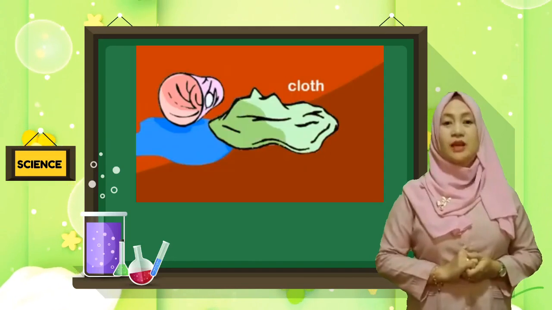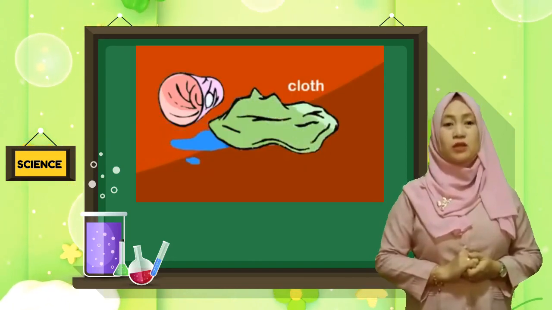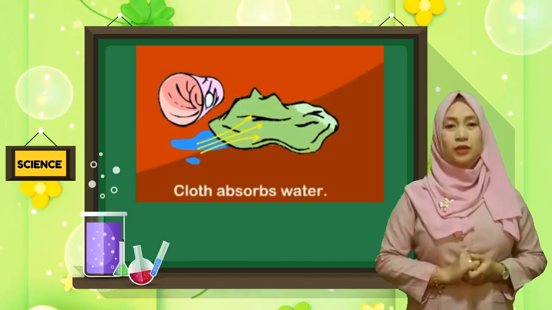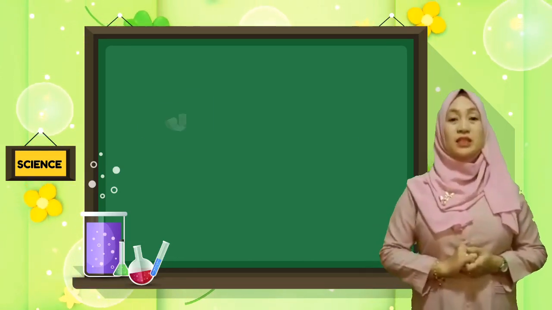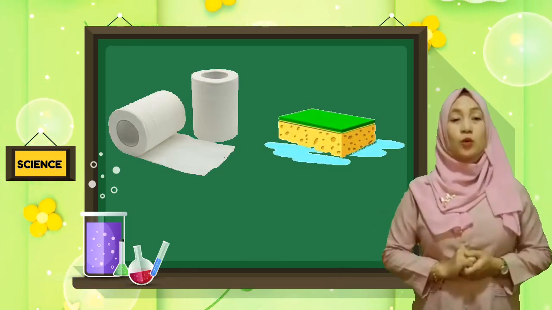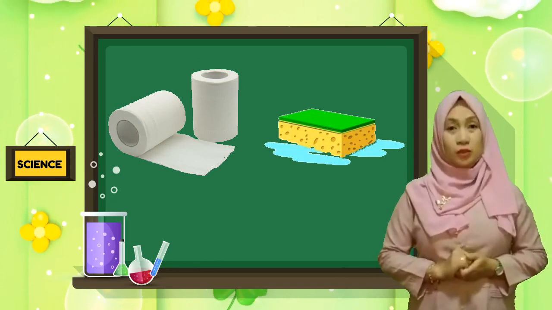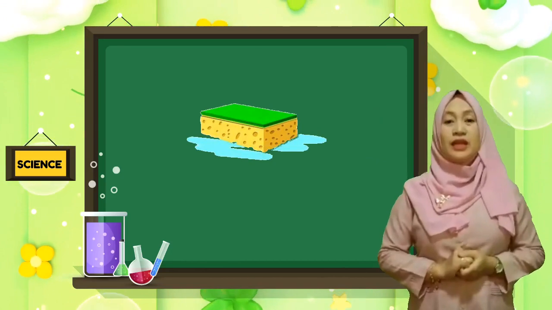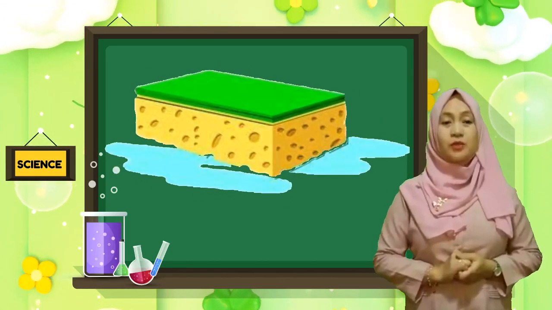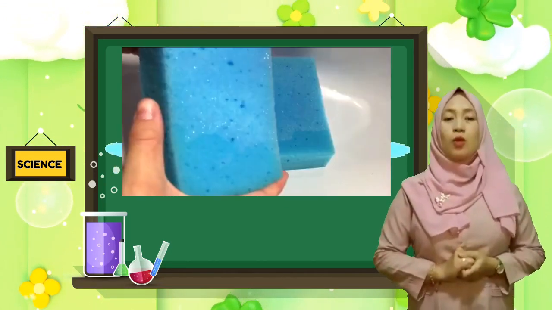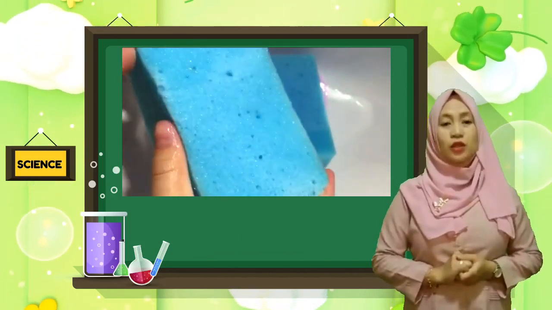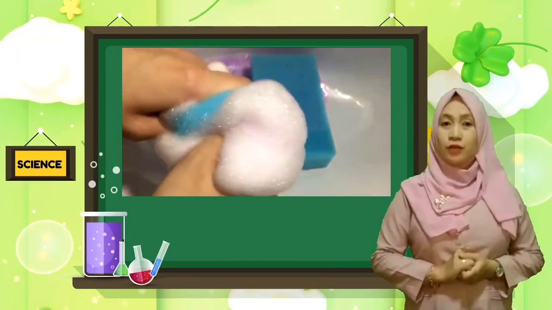Porous materials have plenty of tiny holes called pores where liquid can be quickly absorbed. You can see tissue paper and sponge, which are good materials for absorbing water. In a sponge, for example, its tiny holes or pores absorb water. When you squeeze the sponge, you are forcing the water or liquid to get out of the holes.